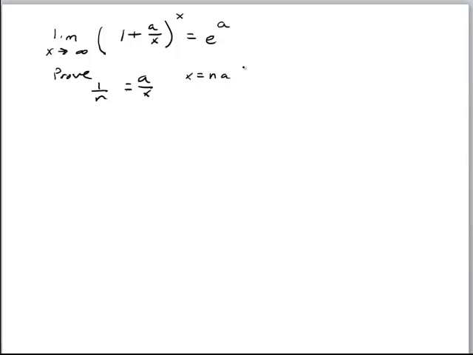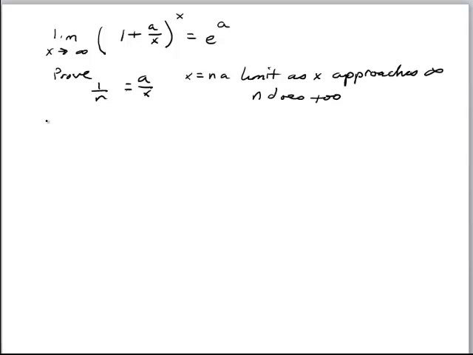So we're going to need one more little math tool: the limit as x goes to infinity of 1 plus a over x raised to the x is just e to the a. So that's very close to what we showed before. If you want to prove it, you can say 1 over n is equal to a over x, and x is equal to na, and as x approaches infinity, n does too.